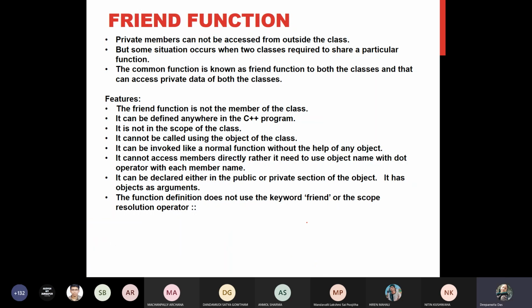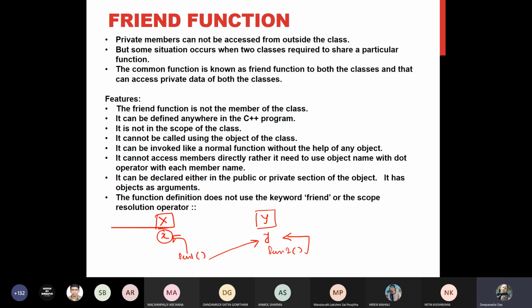Say, for example, we have one class X with one private variable x, which can be accessed by some function written within X. Similarly, a class Y has a data member y, which can be accessed by some function written in Y. But can this function 1 directly access this y?